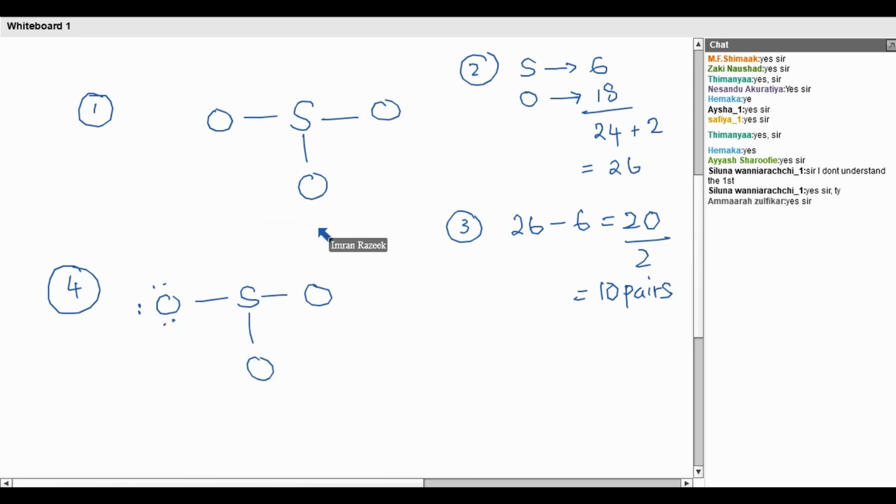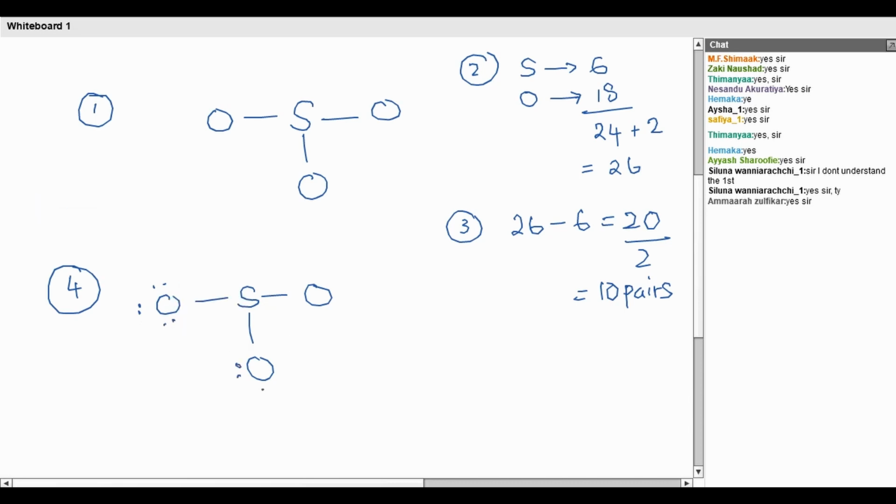Remember, any period 2 element can have maximum 8 electrons: 2s2, 2p6. If it's period 3 like sulfur, it can have maximum 18 electrons overall: 3s2, 3p6, 3d10. 2 plus 6, 8, 8 plus 10, 18. So I can put maximum 3 pairs on each oxygen.